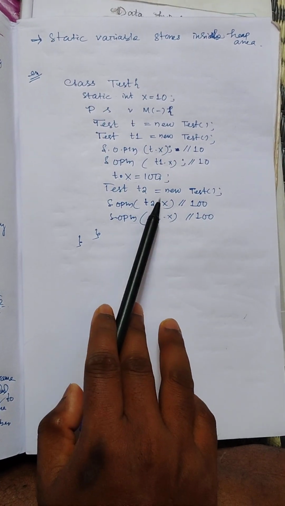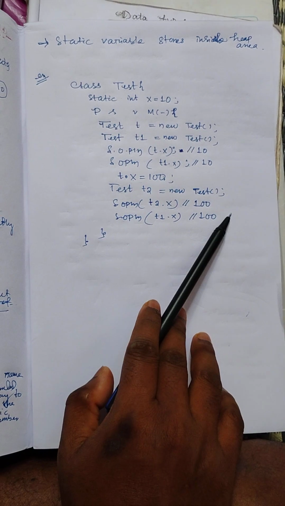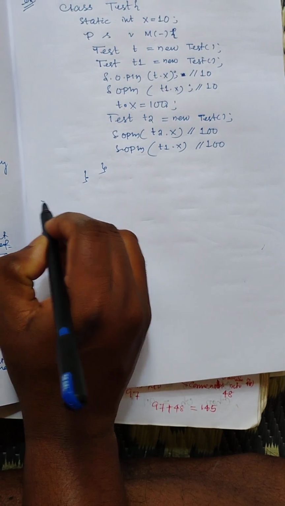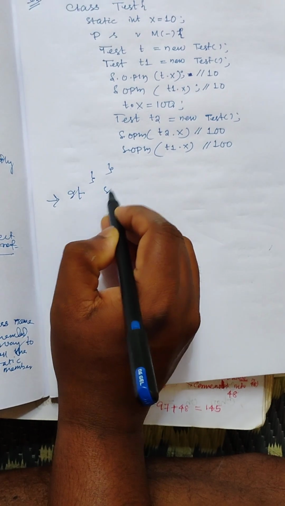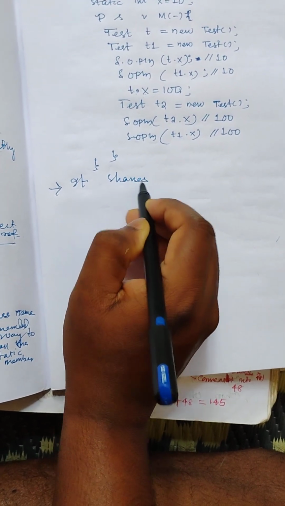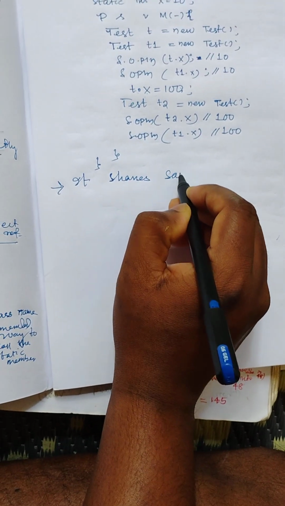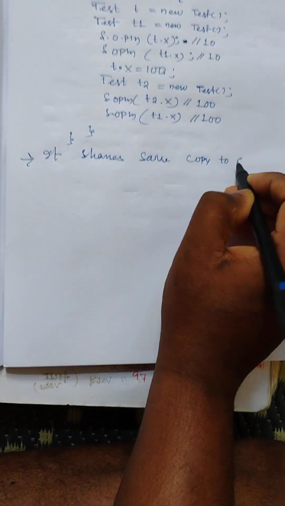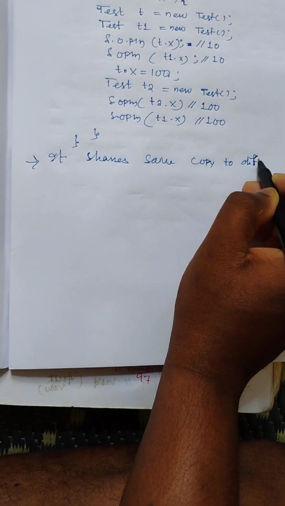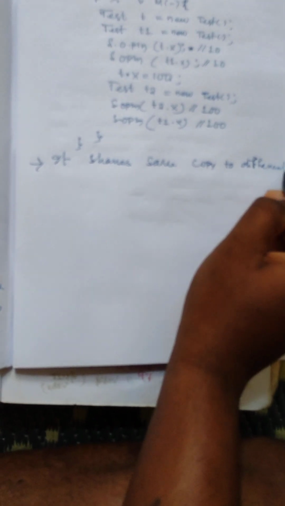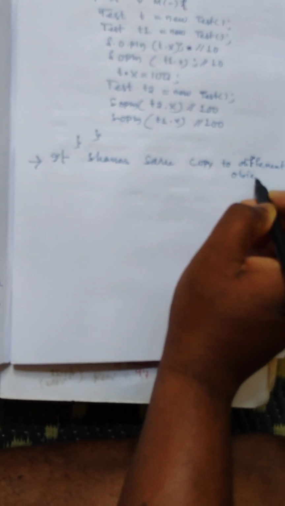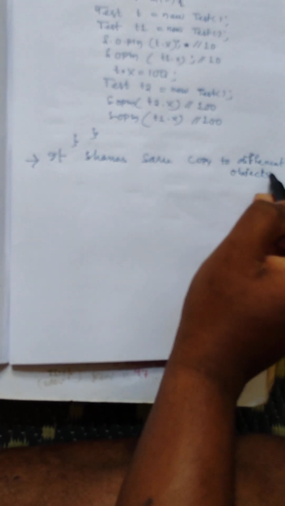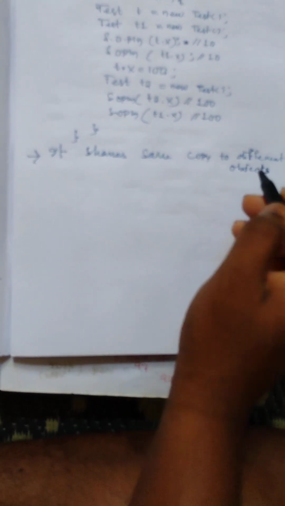So it shares the same copy with the different objects.